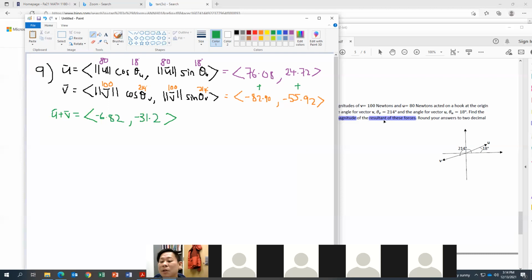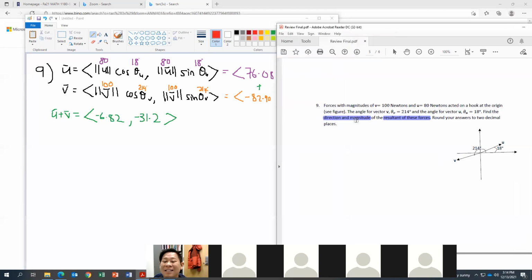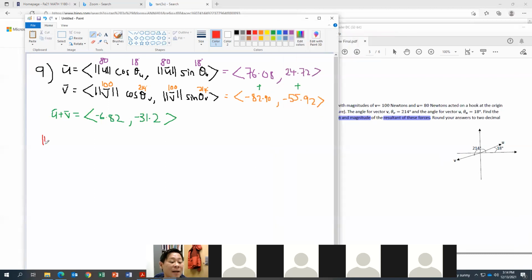So this is what we call your resulting force. This question wants us to find the direction and magnitude. We can find the magnitude first. So the magnitude of this, you take your first component and you square it, and you take your second component and you square it, and you take the square root of it. So this is the magnitude.